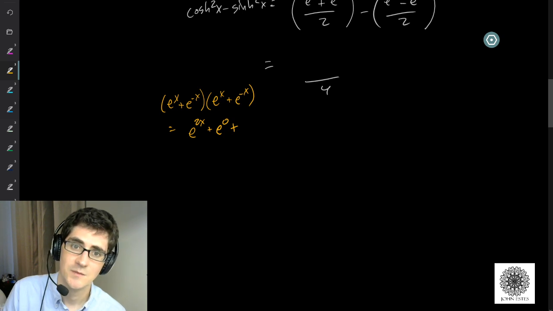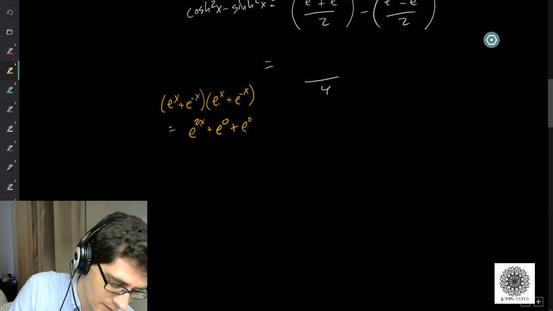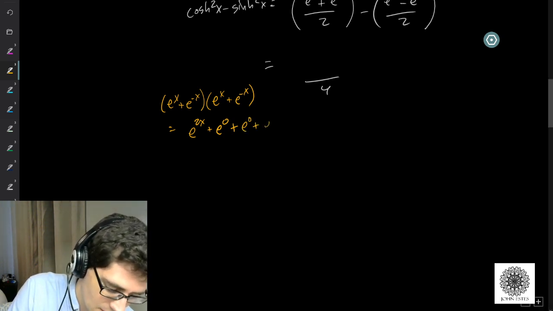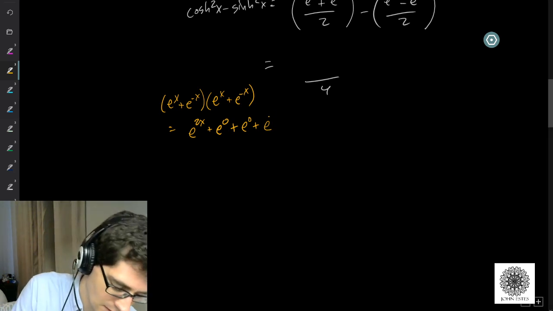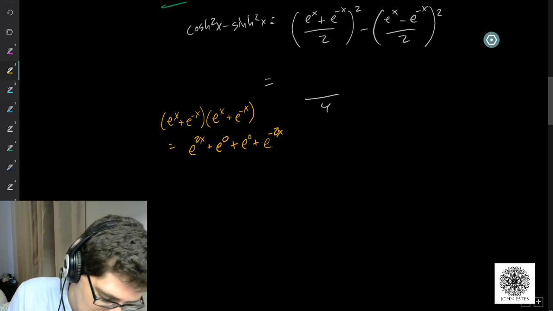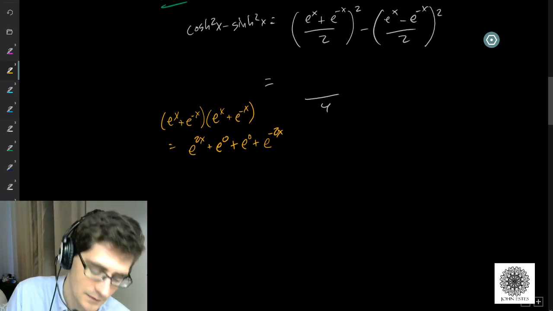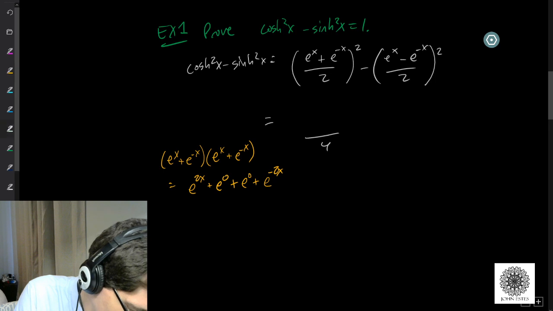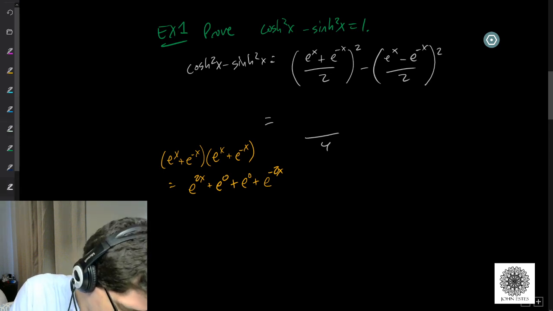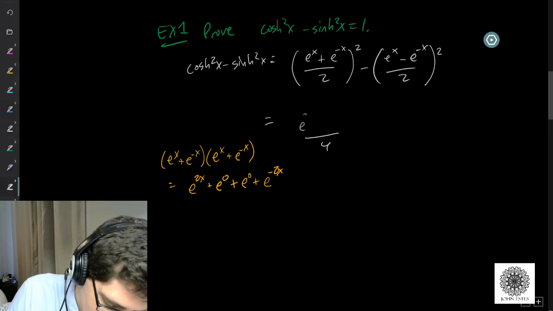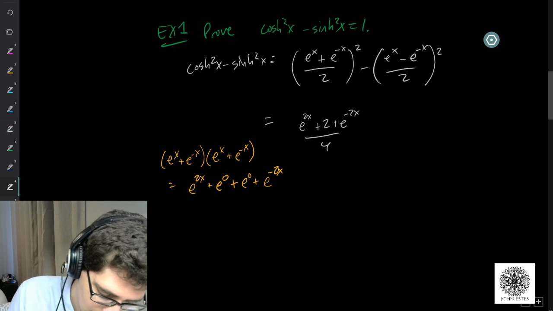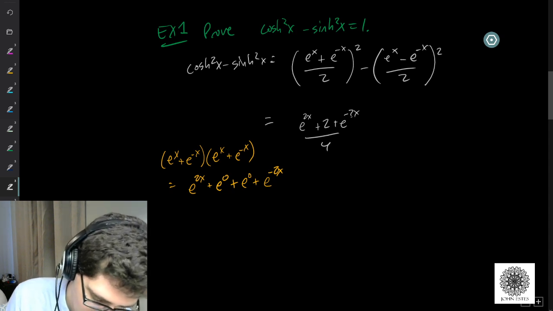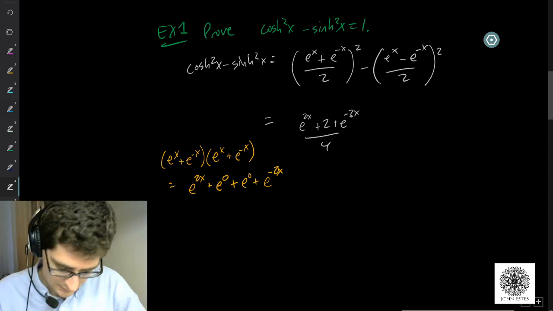Inside terms, same deal. You end up with e to the 0. And then last, e to the negative x times itself. You add the exponents, you get negative 2x. And e to the 0 is 1, so I end up here in the numerator with e to the 2x plus 2 plus e to the negative 2x. Does that make sense? I hope so.